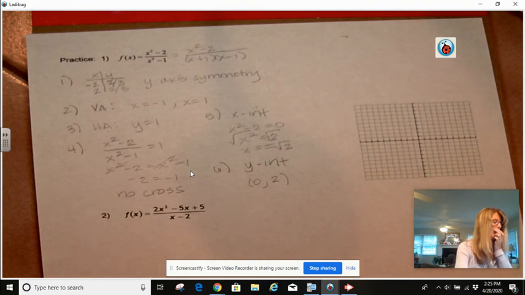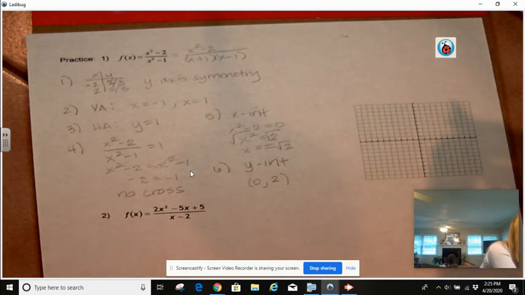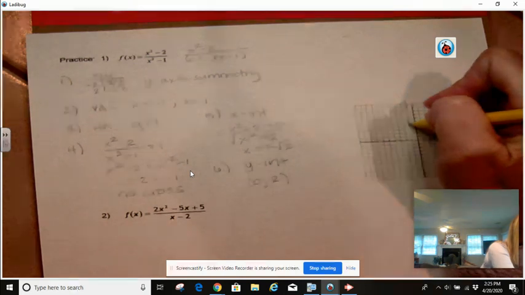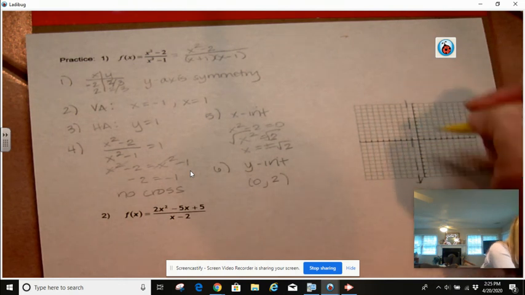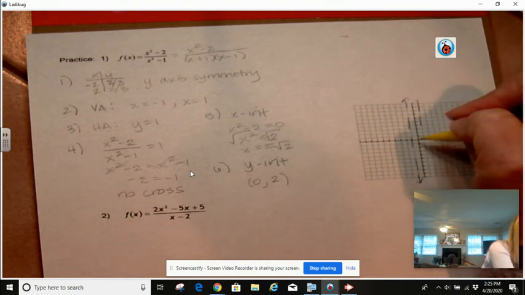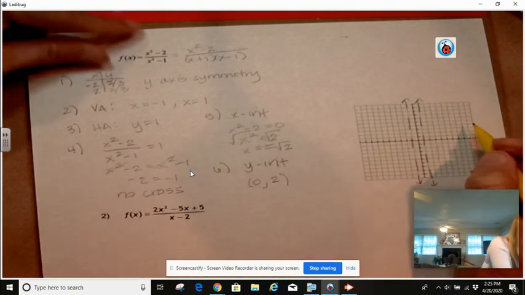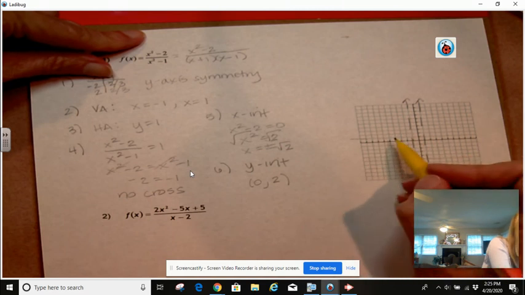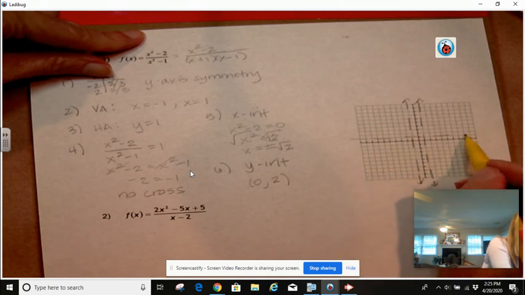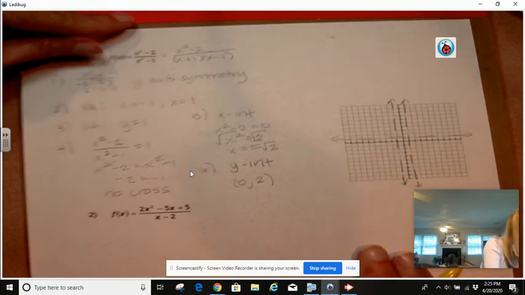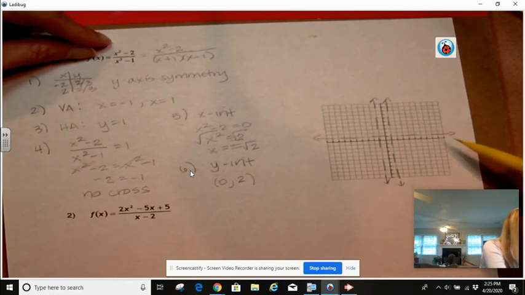All right, so when we go to the graph, we have 2 vertical asymptotes at x equals -1 and x equals +1. We have a horizontal asymptote at y equals 1. We don't cross that horizontal asymptote.